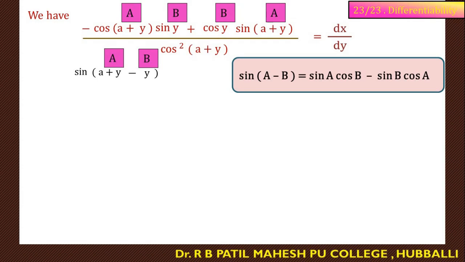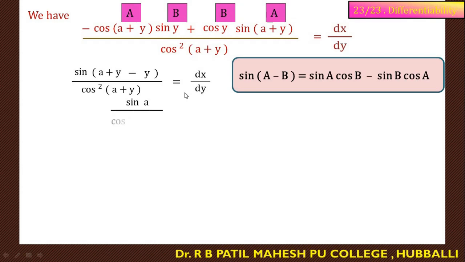So the entire numerator is written as sine of a plus y minus y, divided by cos square of a plus y as it is, equal to dx upon dy. Now simplifying further, y and y get cancelled.